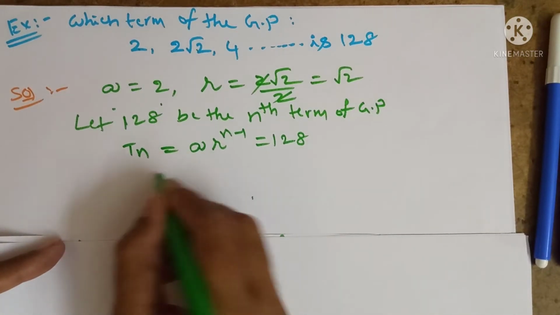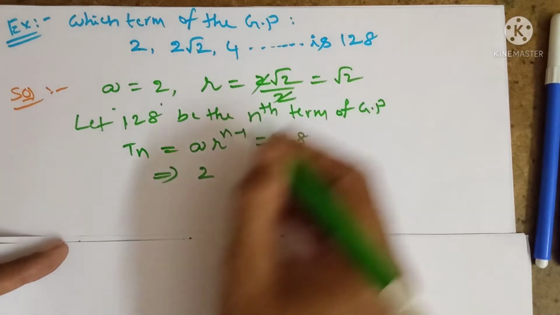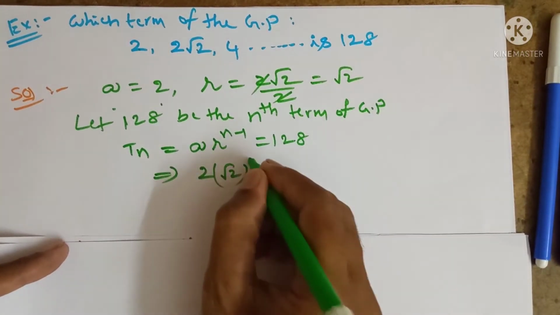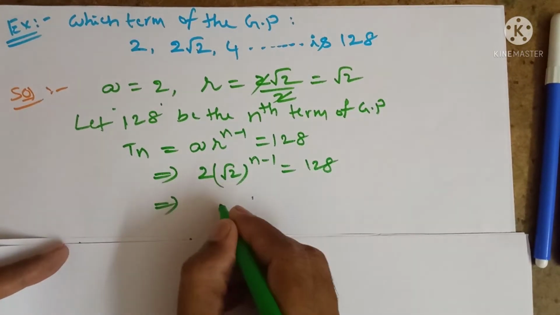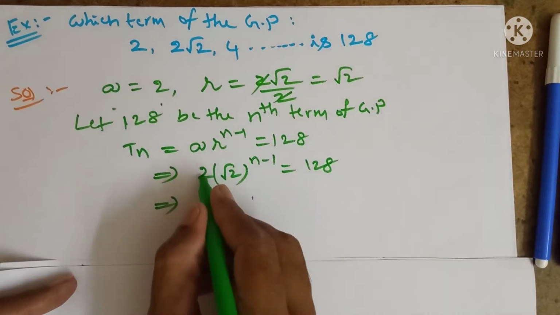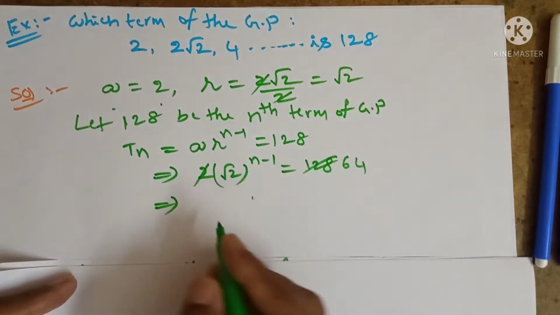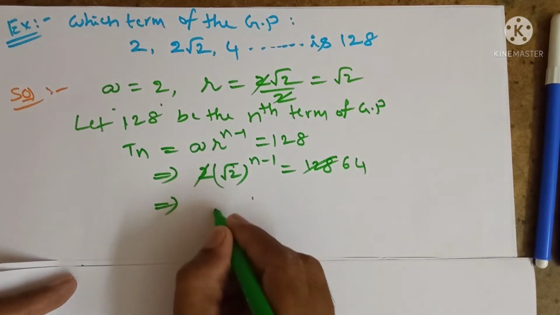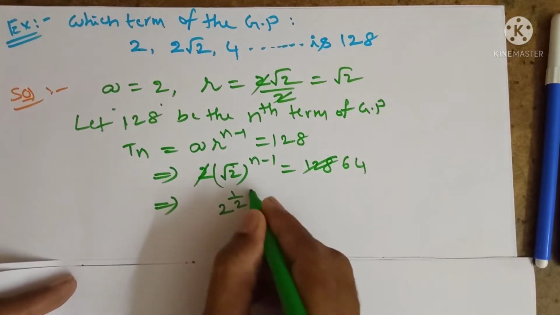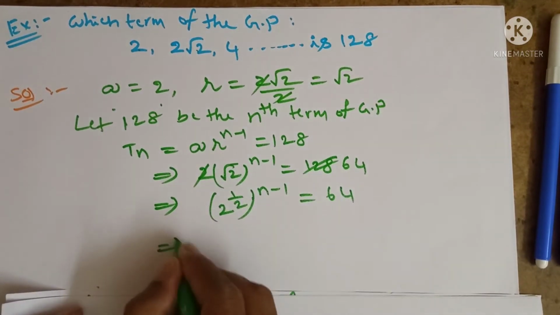A means 2, R means root 2, so 2 into root 2 power n minus 1 is equal to 128. 2 into 64, cancellation. Root 2 can be written as 2 power 1 by 2, so 2 power 1 by 2, whole power n minus 1, is equal to 64.